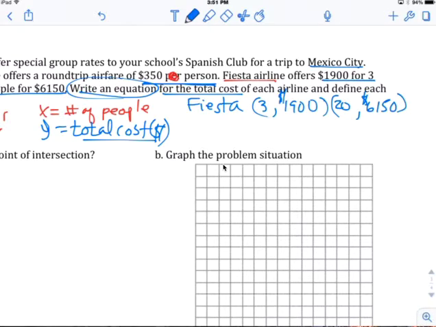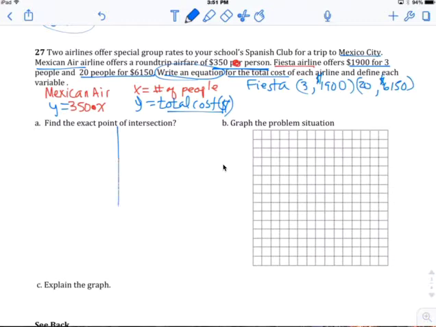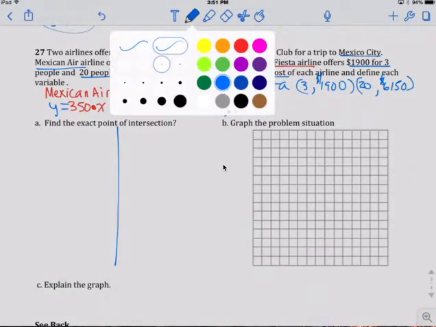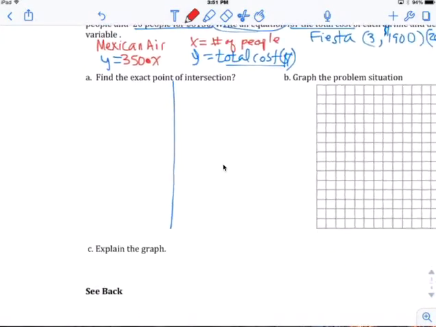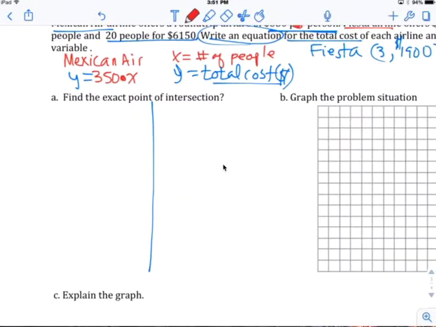Okay, we need to write an equation. Well, in order to write an equation, we'll do it right here. I didn't leave enough room for that.